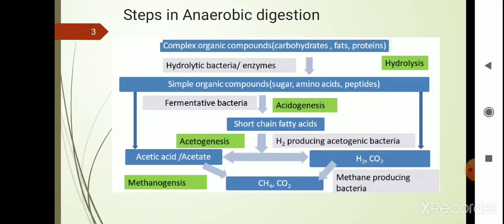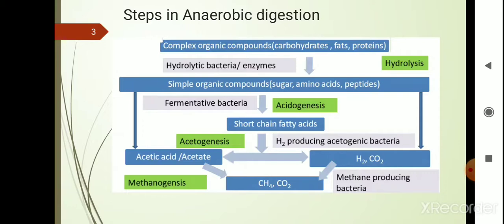After this process, we have another set of bacteria, the fermentative bacteria, which carry out acidogenesis. These are converted into short chain fatty acids like butyrate, pyruvate and propionate. These are organic acids, short chain fatty acids.